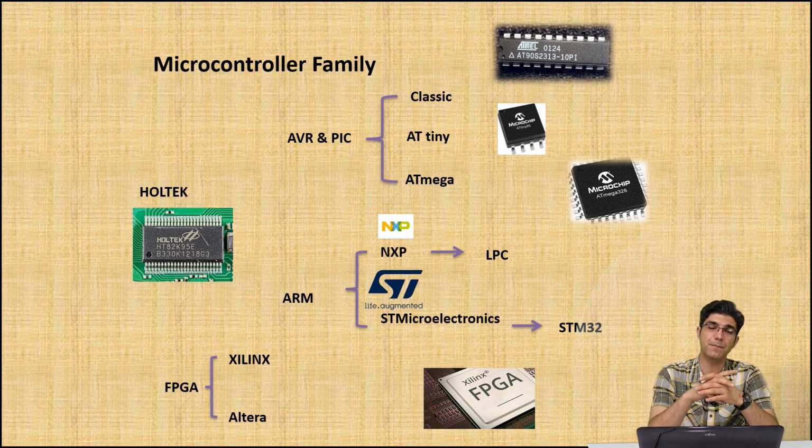Two important companies produce this kind of chip, not microcontrollers but more like processors. You can make a processor with an FPGA. FPGA is very fast, as I told you. Two companies, Altera and Xilinx, produce it.